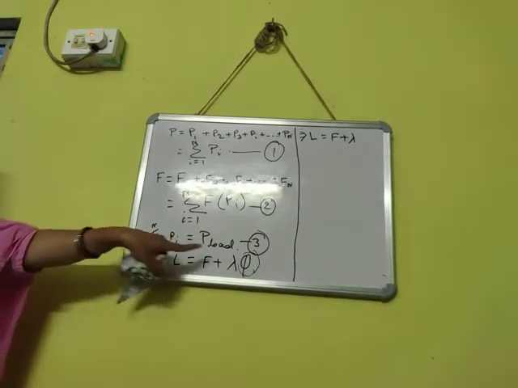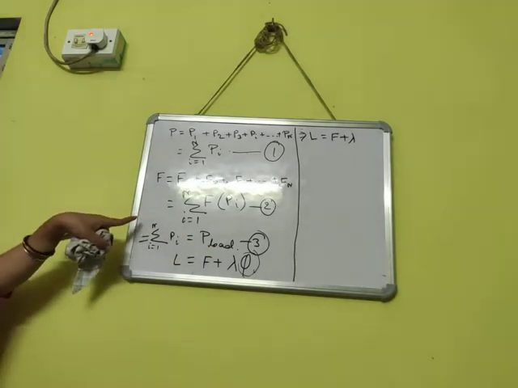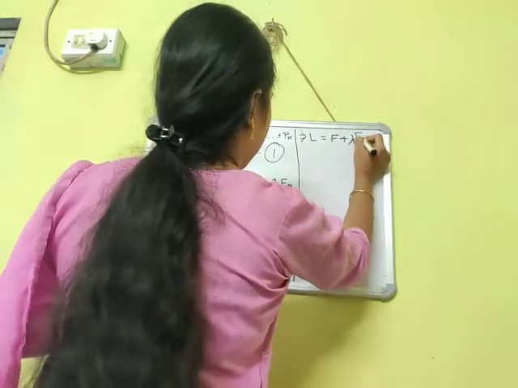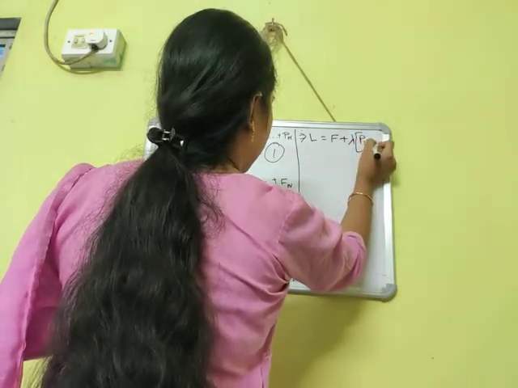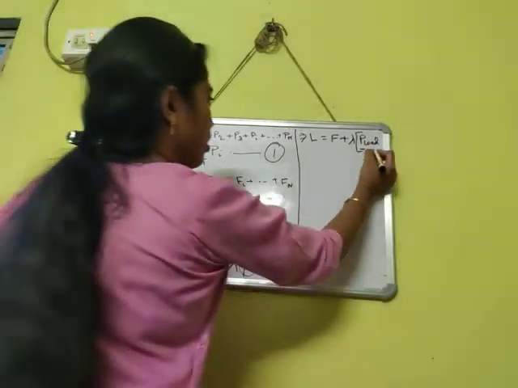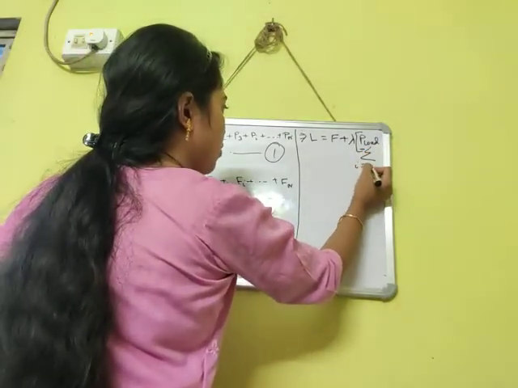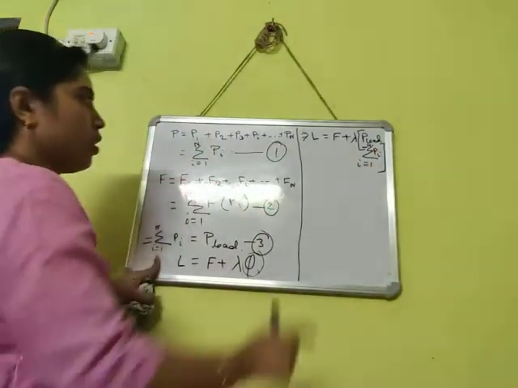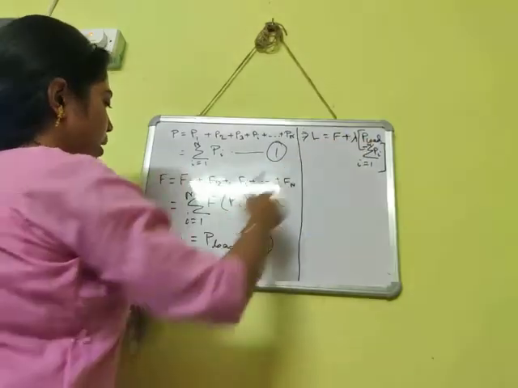So in place of phi we put here P load minus summation of i equals 1 to n Pi. L equals F plus lambda phi.